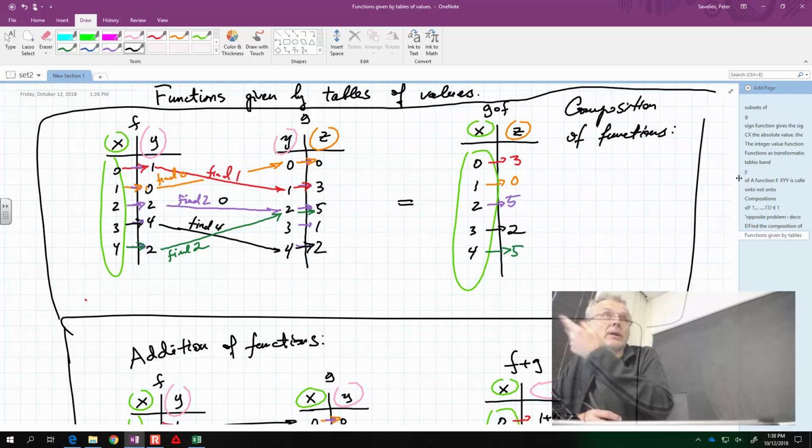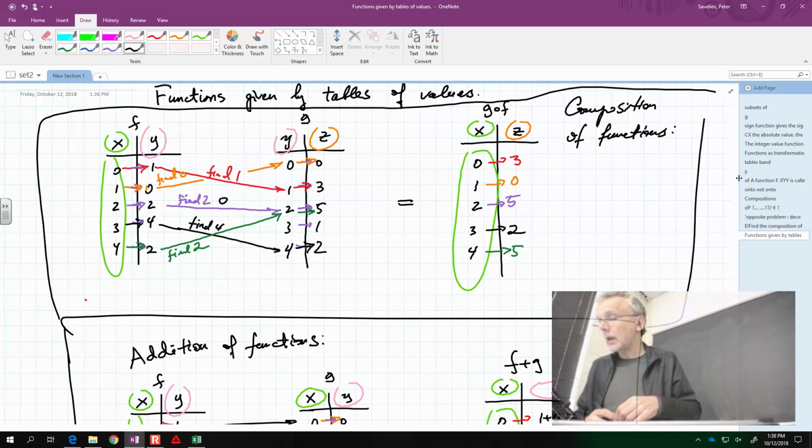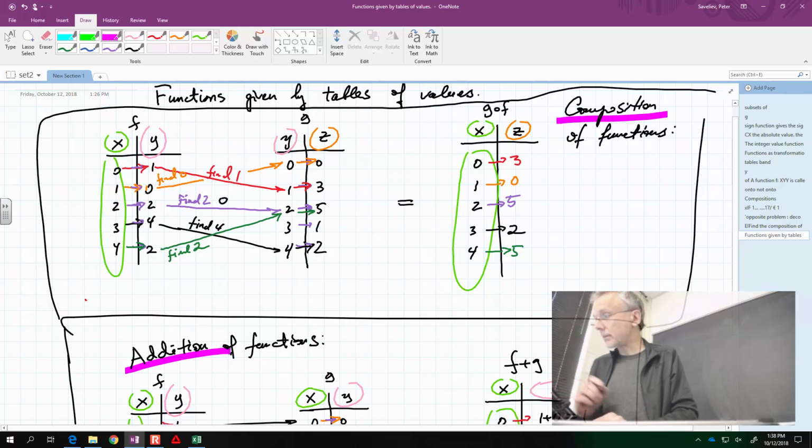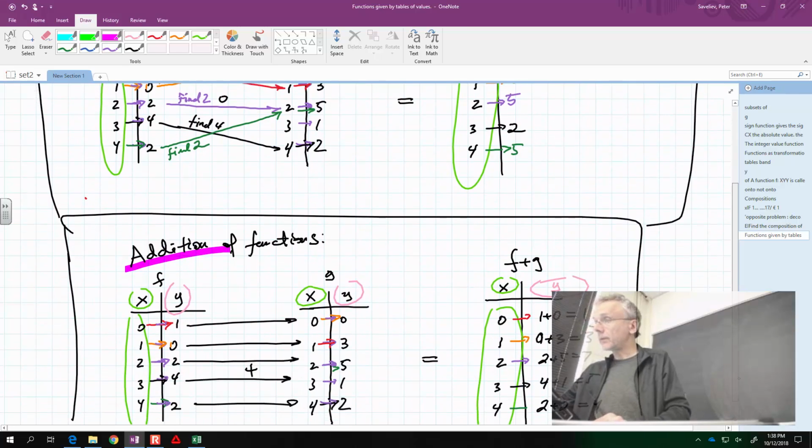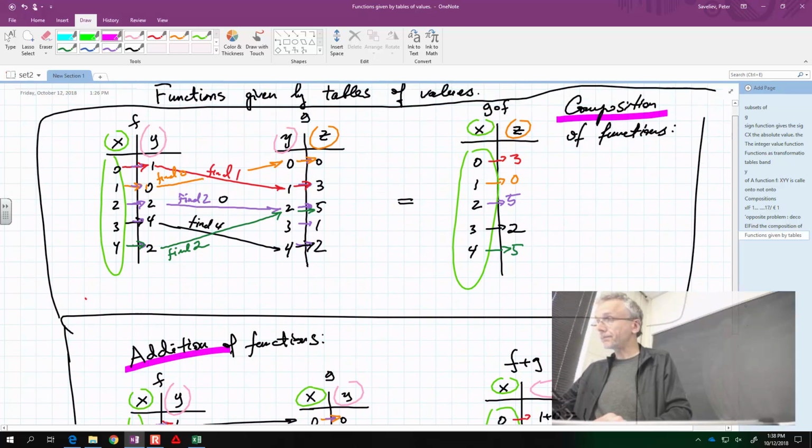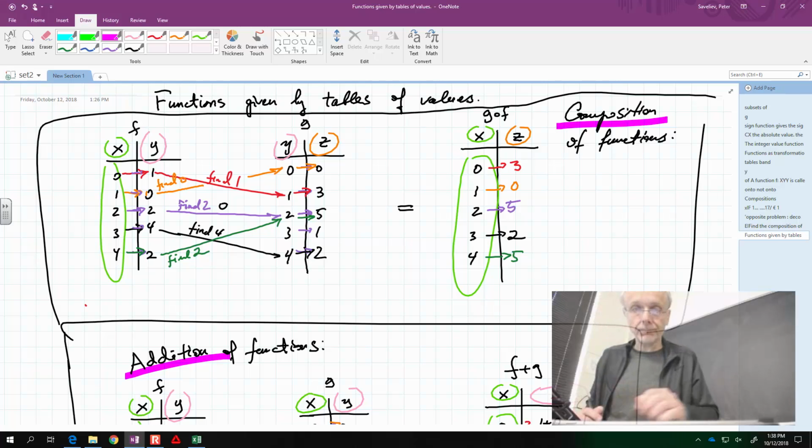It doesn't give you a number to do algebra with. Okay, so in that sense it is very different from algebraic operations. So composition here, addition there. Very different if you look at them side by side. So not to be confused.